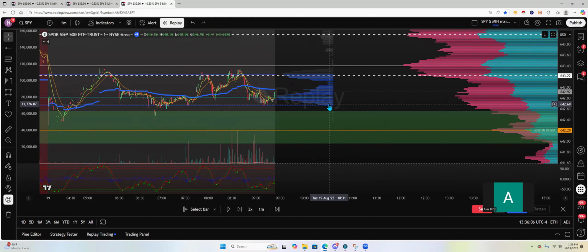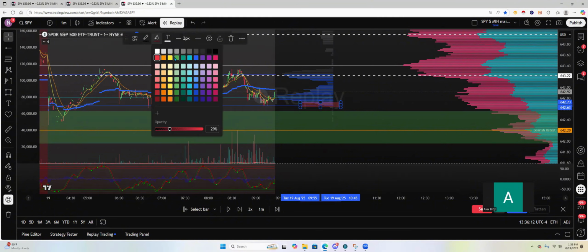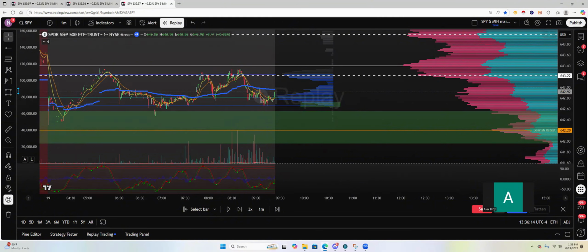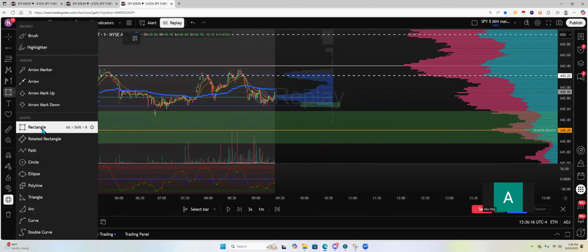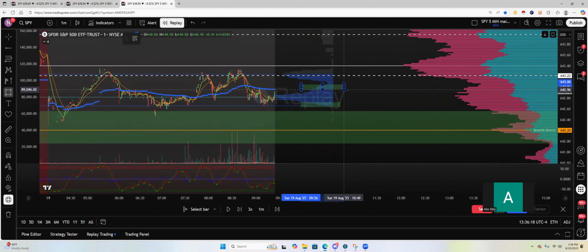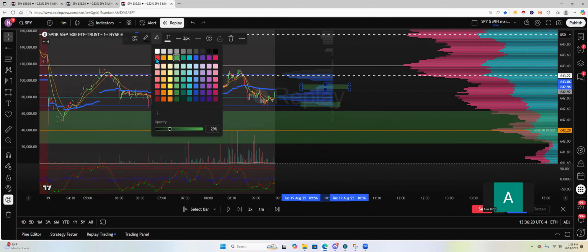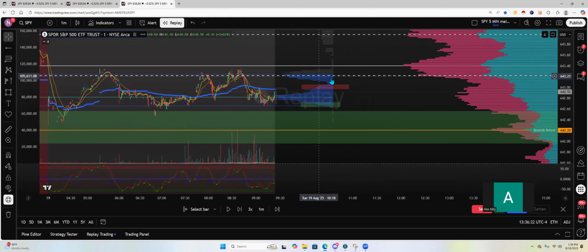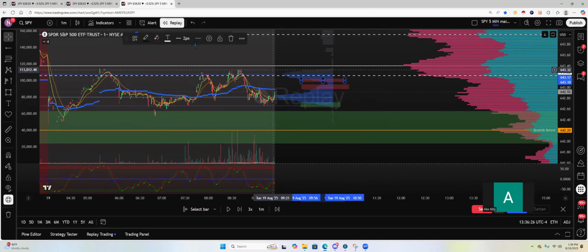The bottom of this node, this area, is going to be supportive. The top of that same node right here is going to be resistive. And you could say the same thing about this one up here. So this portion is going to be supportive of the price when it's in this zone.